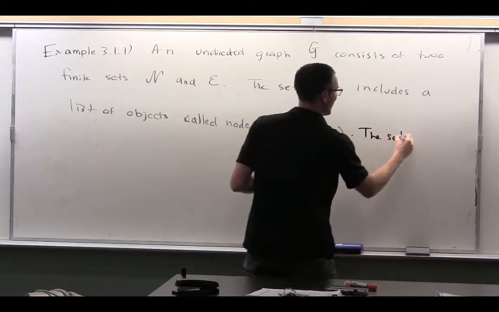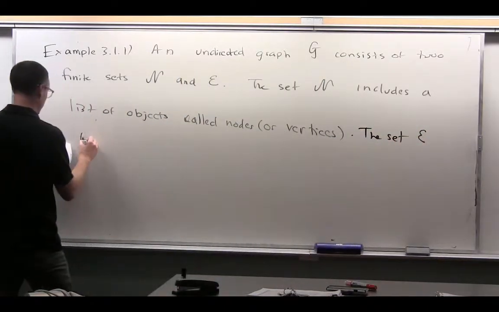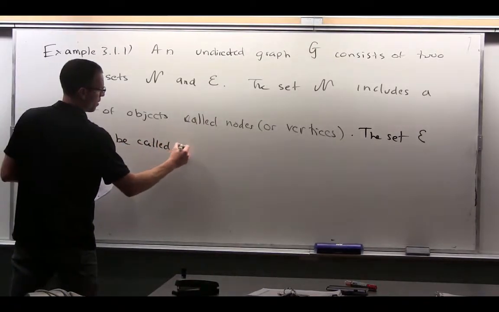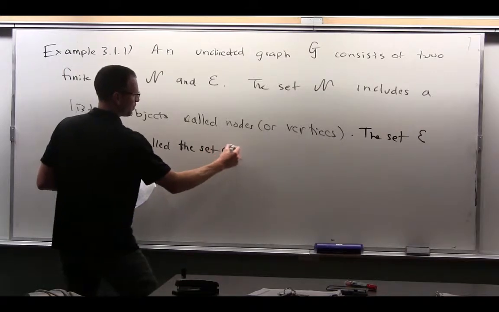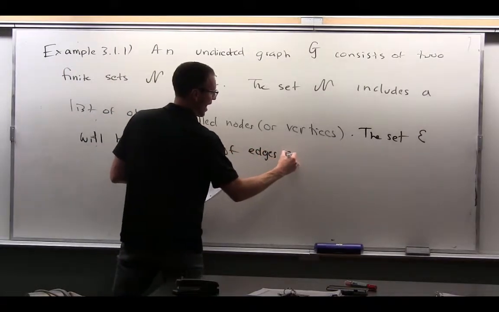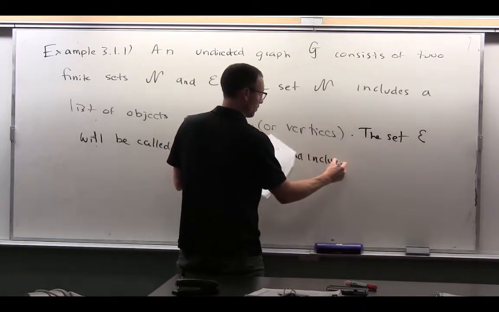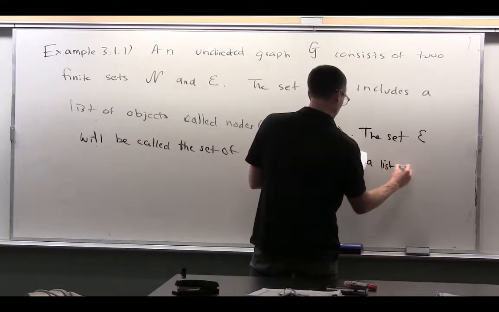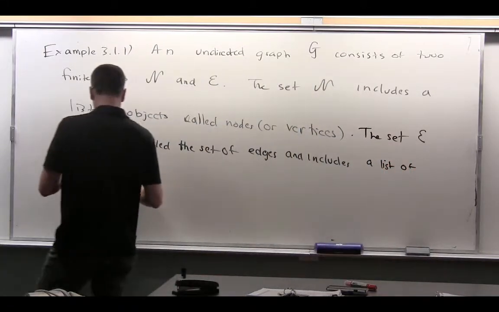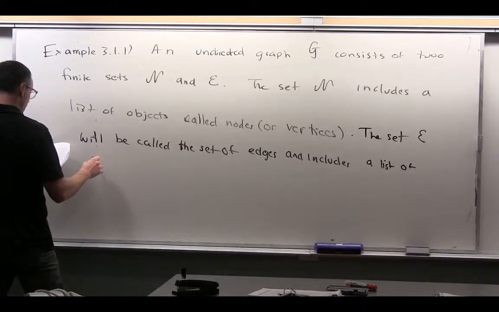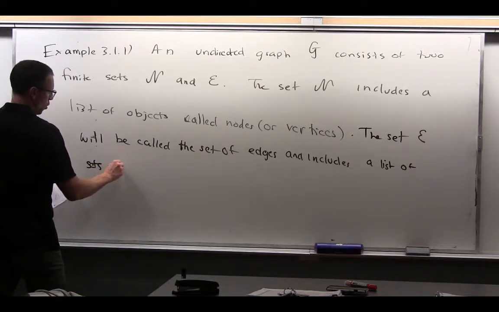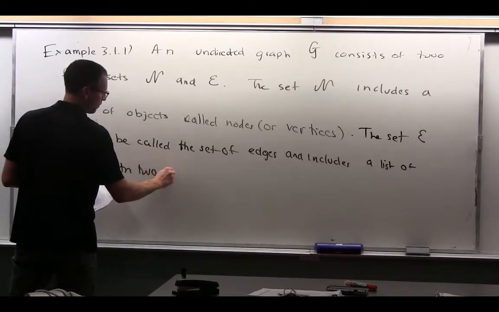The set E will be called the set of edges, and includes a list of sets with two unique elements.